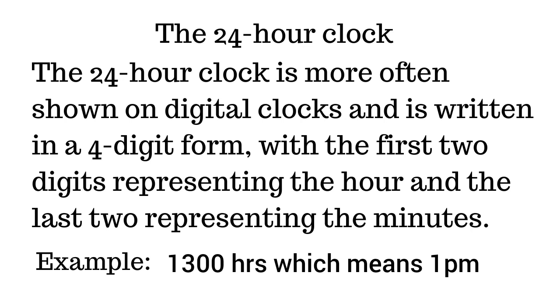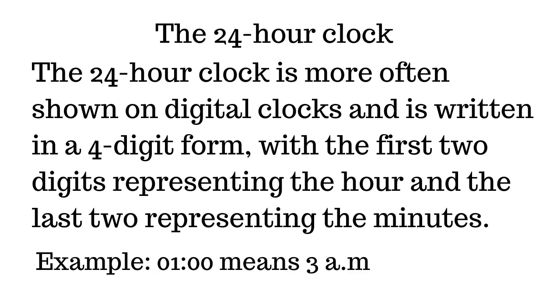Example, 13:00 hours, which means 1 p.m. How did we get 13? 13 comes after 12 noon. Alright, so the counting is done from 1 a.m., 2, 3, 4 up till 12. Now once we get to 12 noon, instead of continuing with 1 p.m., the time will continue as 13.